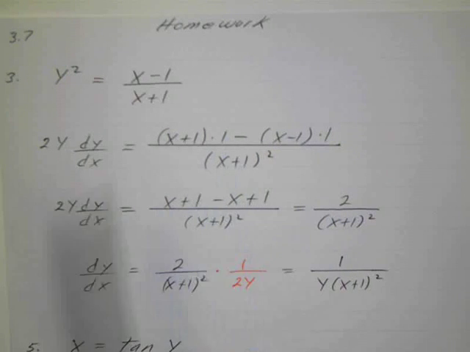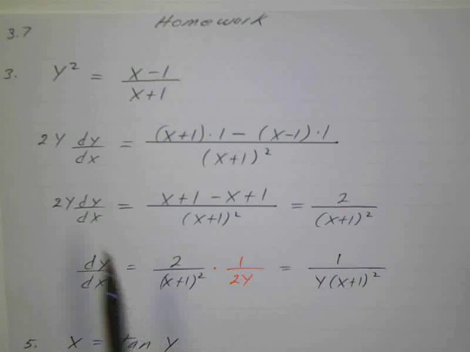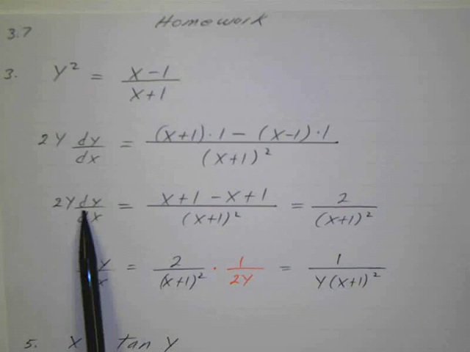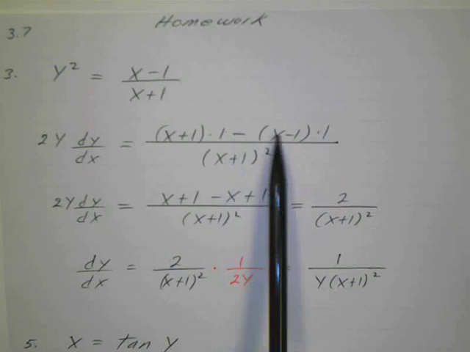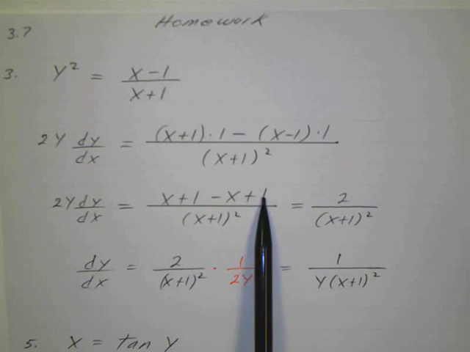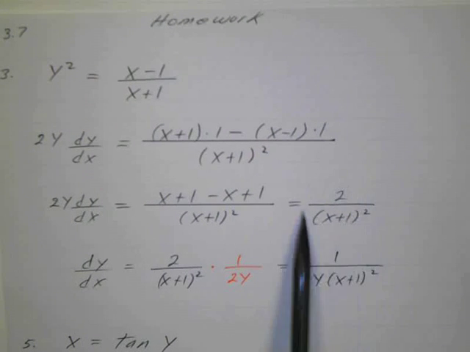All these ones here absorb. Okay, those are your derivatives. And then I just rewrote this. This was my 2y dy/dx, and then if I multiply this out, I get x plus 1, and this is negative x positive 1. The x's cancel out, so I have 1 plus 1 is 2, so this is what I have.